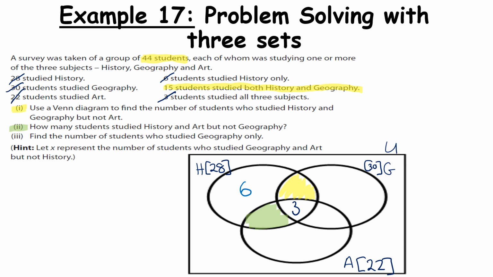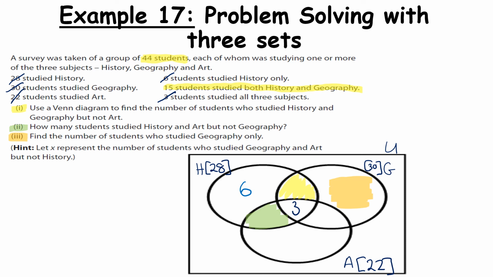And find the number of students who studied geography only. Okay, so here is geography only. We want this part here. It gives us a hint. Let X represent the number of students who studied geography and art, but not history.